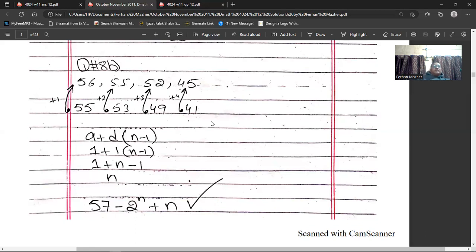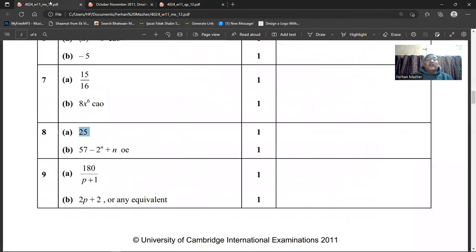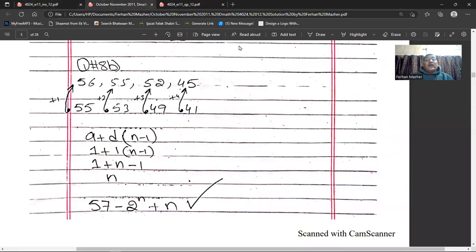So the nth term for this sequence is the nth term of the original sequence plus this number which is added. So you will have 57 minus 2 raised to power n plus n. So this is a little tricky question. Question number 8 is B part. So 57 minus 2 raised to power n plus n, and our answer is right.